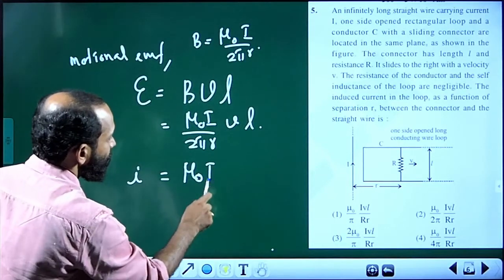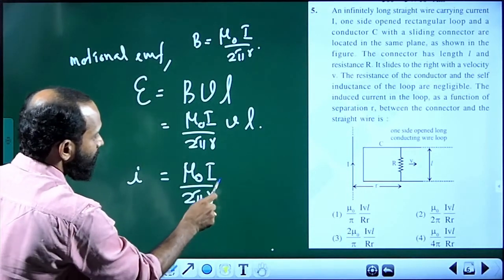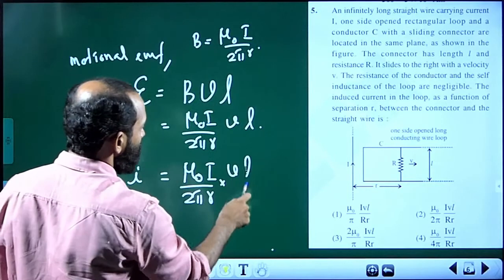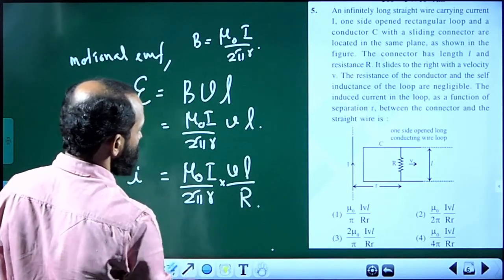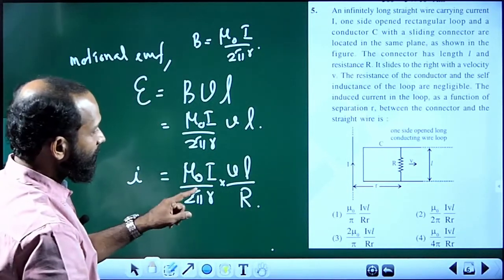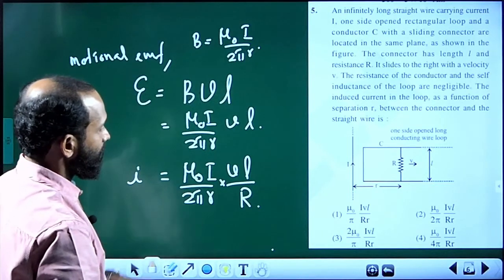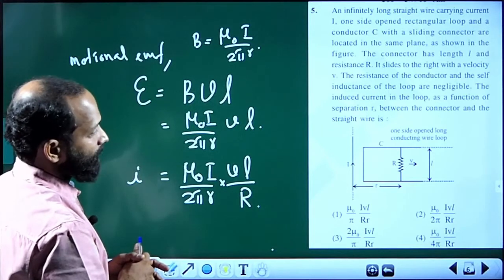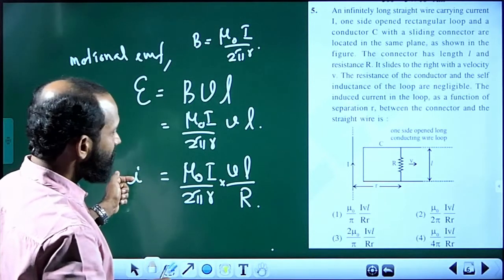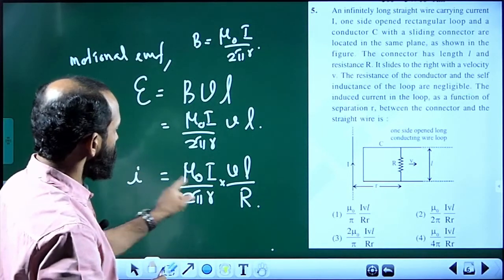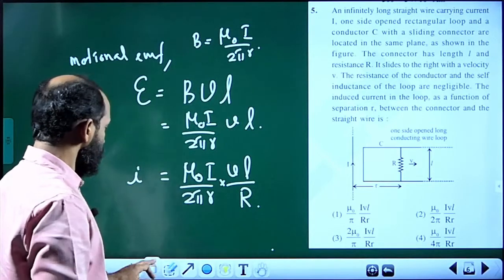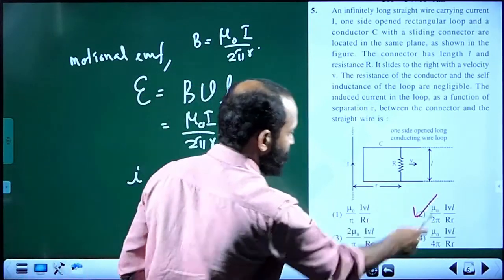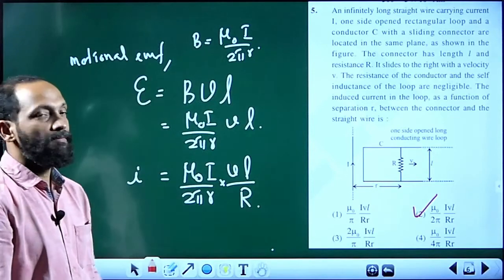So i is equal to mu 0 I by 2 pi r times VL divided by resistance. So mu 0 I VL divided by 2 pi r into R is the instantaneous current flowing, and that instantaneous current varies with the distance as 1 by r. So the correct answer is the one given in the option box.